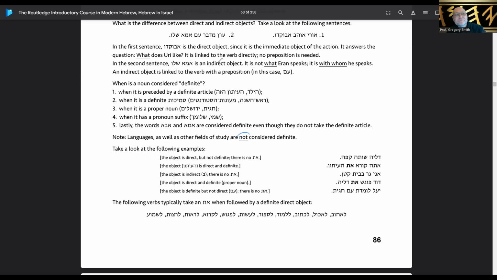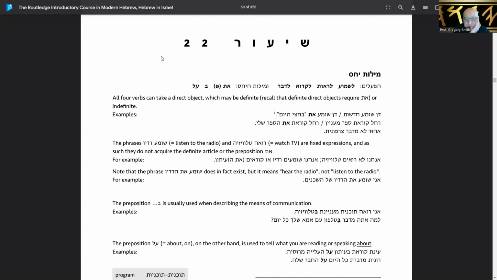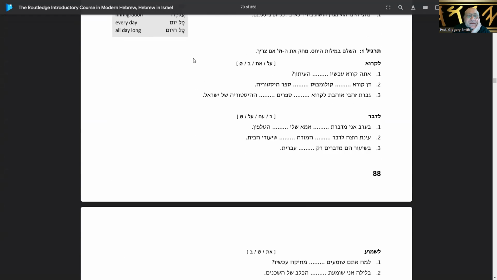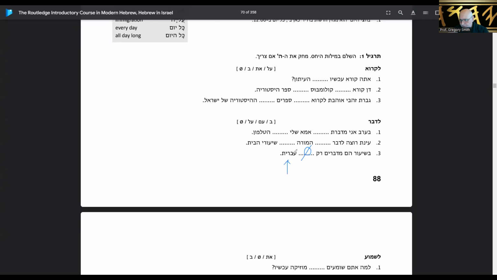So then most likely this here is going to be, because ivrit, Hebrew. So bashiur, in the class, hem medabrim, they are speaking only, and it's just going to be ivrit. So that's what should be there.